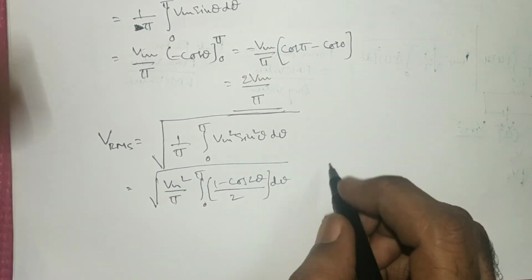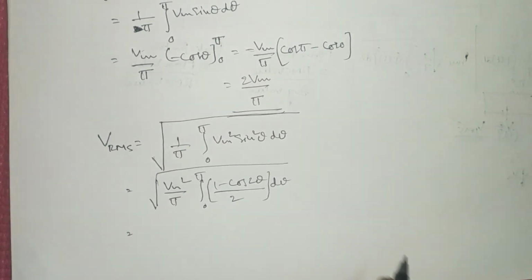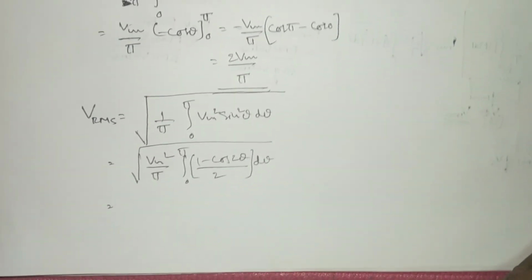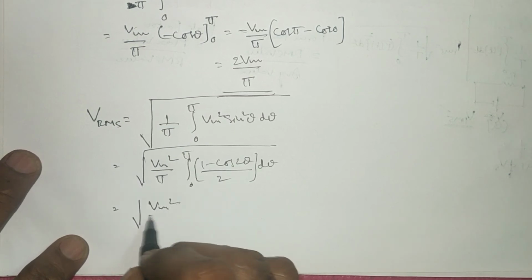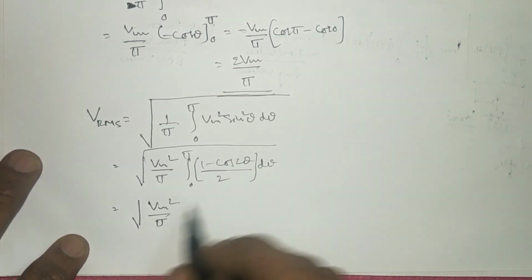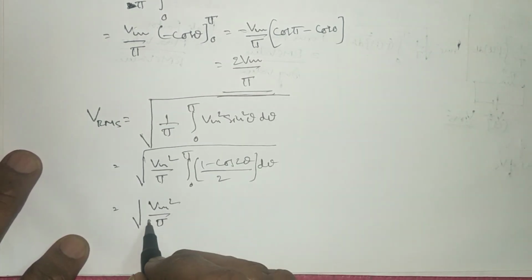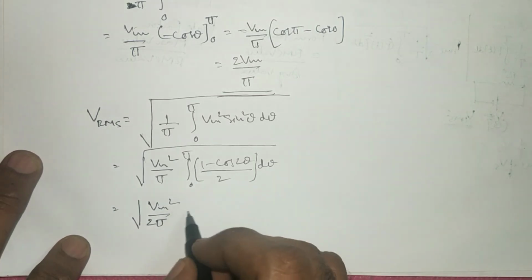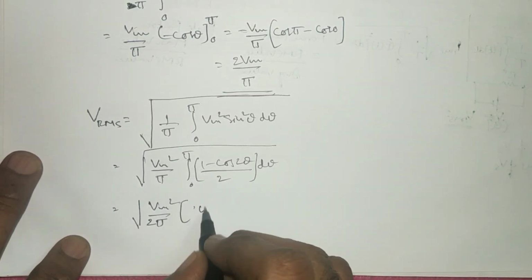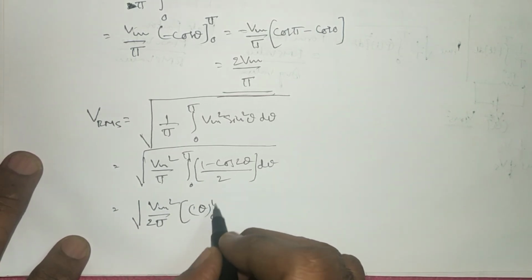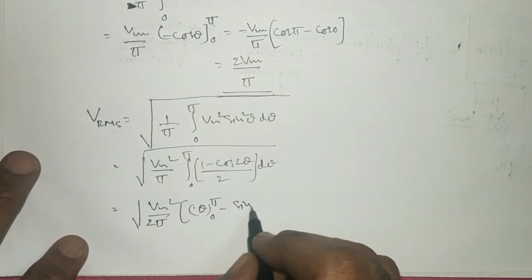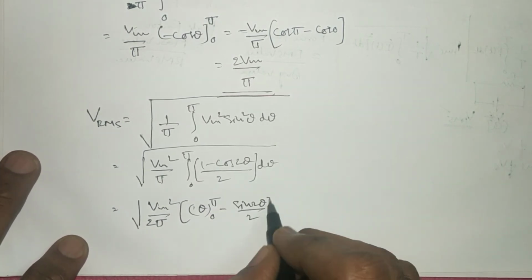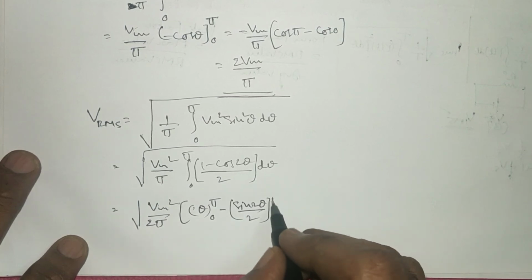This is equal to the square root of Vm square by pi, and since there is a 1 by 2, you can take the 2 also outside: Vm square by 2 pi. The integral of 1 d theta gives theta over 0 to pi, and for cos 2 theta you get minus sin 2 theta by 2 over 0 to pi.